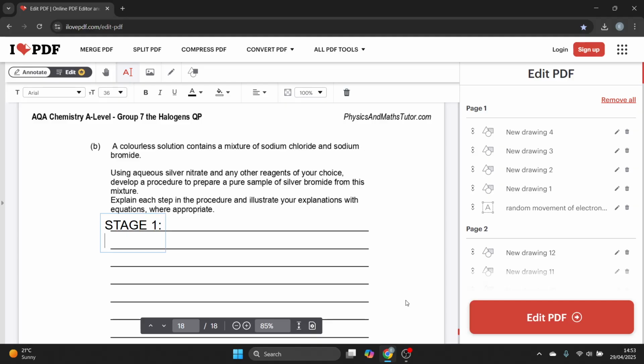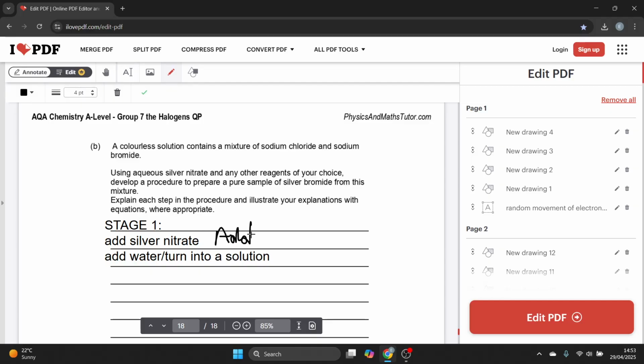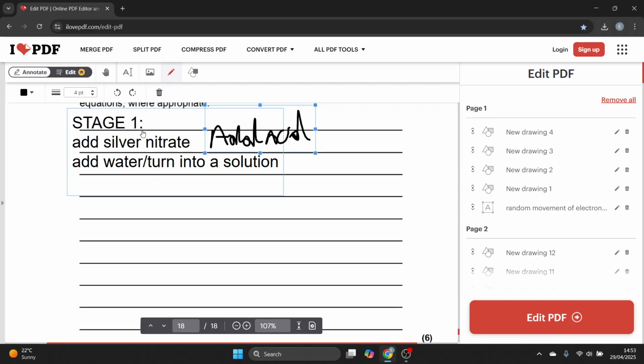Stage 1: add silver nitrate. Add it into the solution. You could also say add acid, so HCl, HNO3, whatever you want to say.